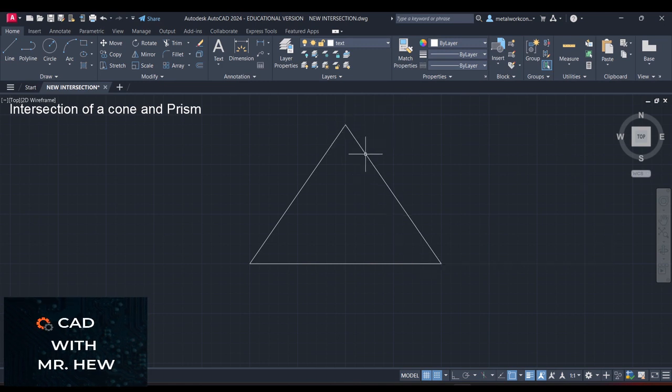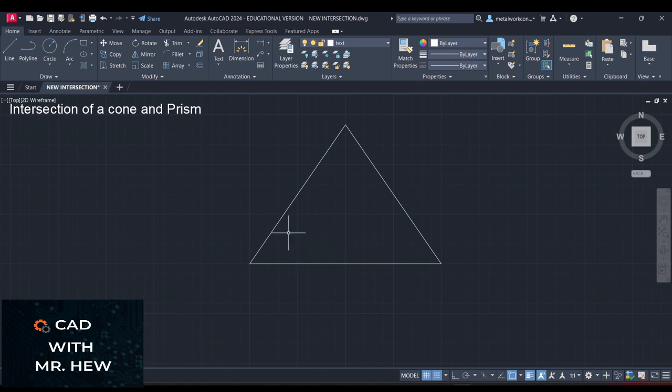Here's our cone, and it's a right cone. The next thing we're going to draw is the prism as it is represented in the front elevation.